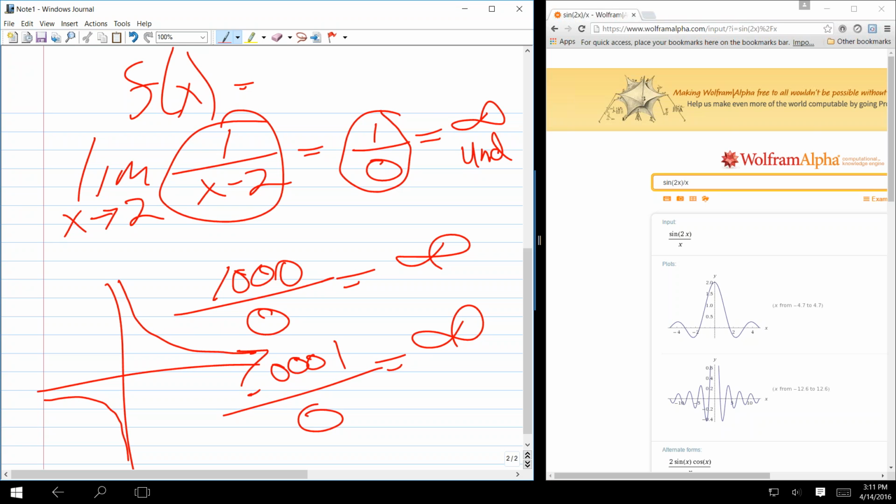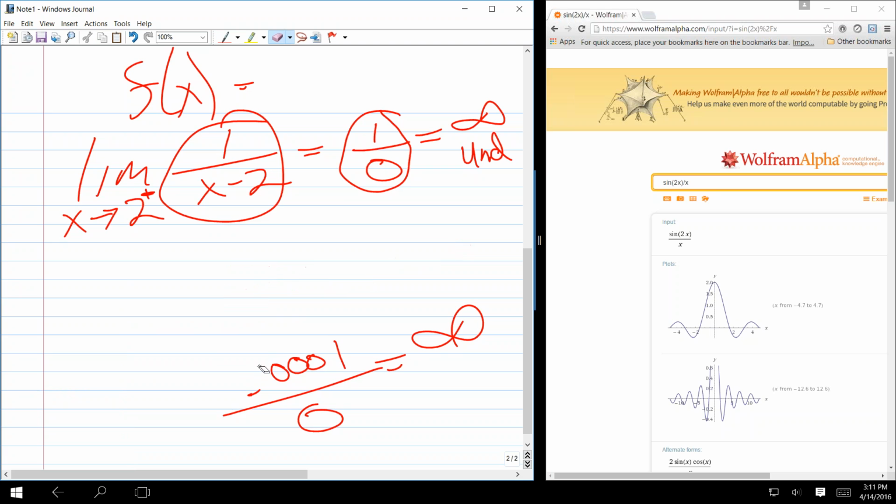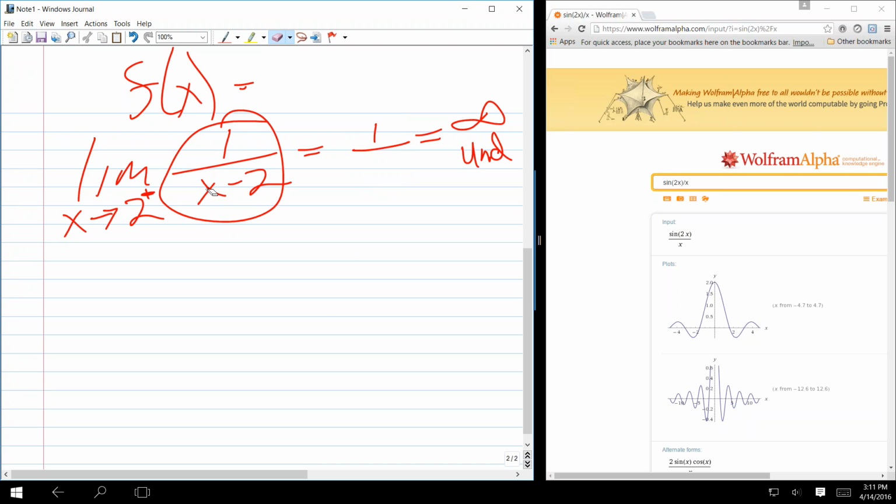So one of them is approaching 2 from the right side, and then one is just approaching 2. What's the difference between that? If I'm approaching 2 from the right side, then this number is positive, because I always have 2 plus something minus 2.